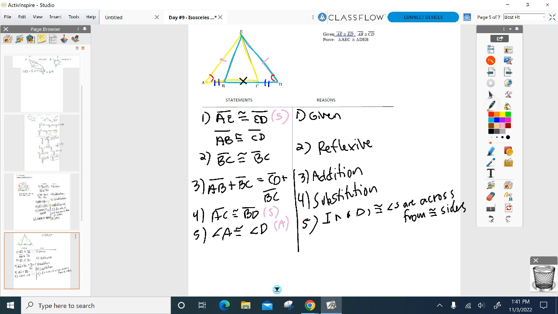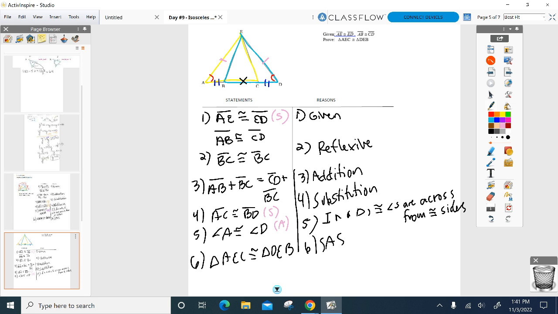And before we go on to the next proof, I just want to make a point here. Triangle AEC congruent to triangle DEB, side angle side. I'm going to say an incorrect statement and mark it on my diagram, and I want you guys to tell me why I'm wrong. Using this theorem, in a triangle, congruent angles are across congruent sides. Here's what I'm going to say.